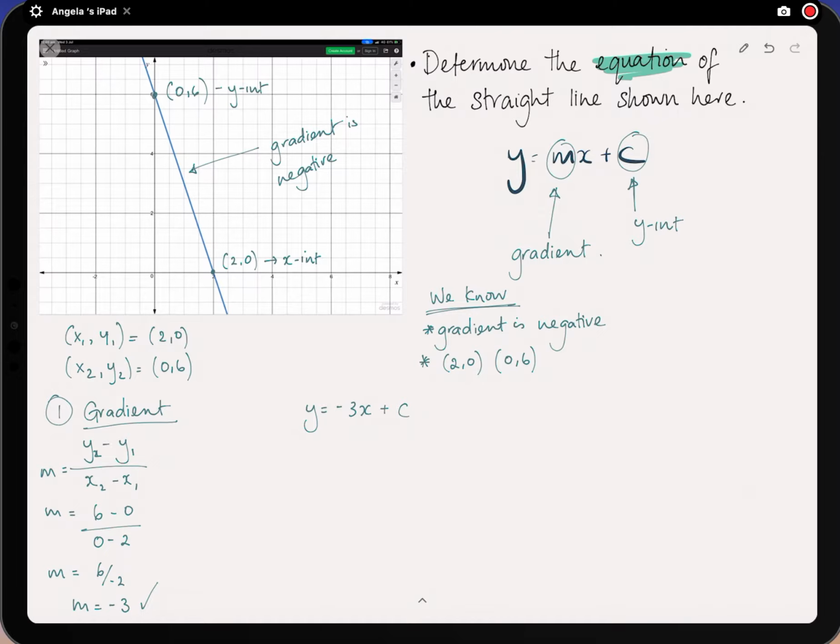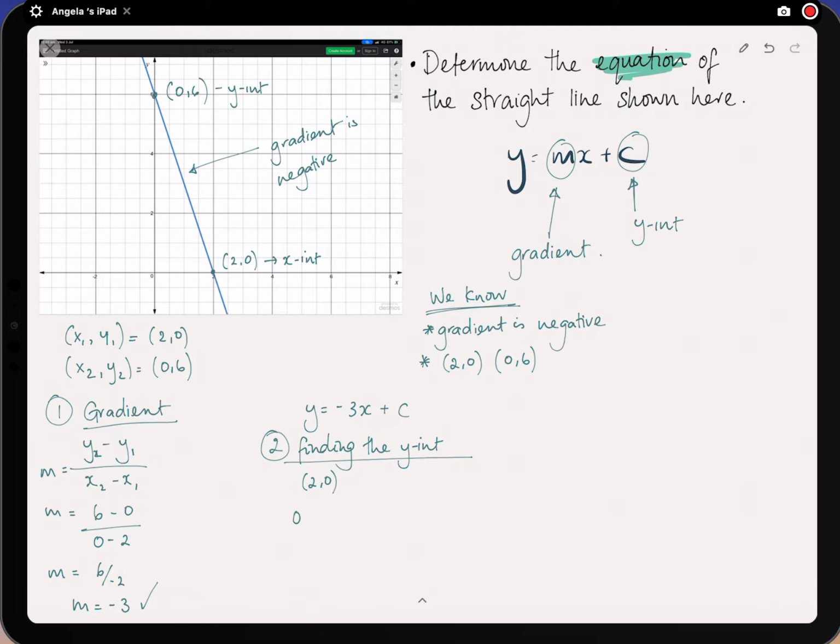So let's substitute a coordinate. So finding the y-intercept. So let's substitute in the coordinate 2, 0.